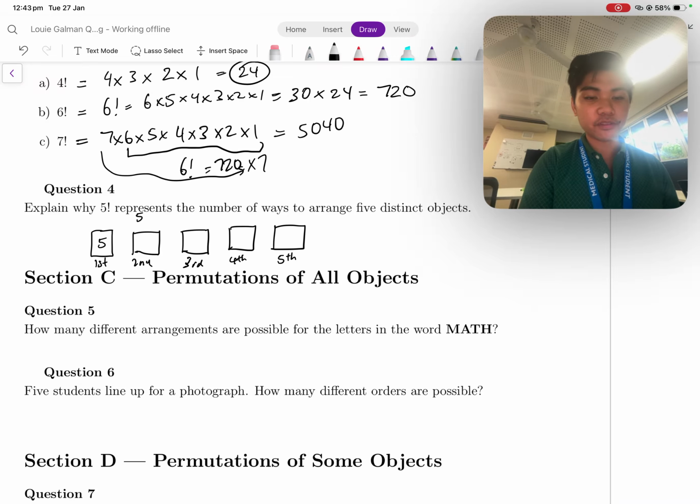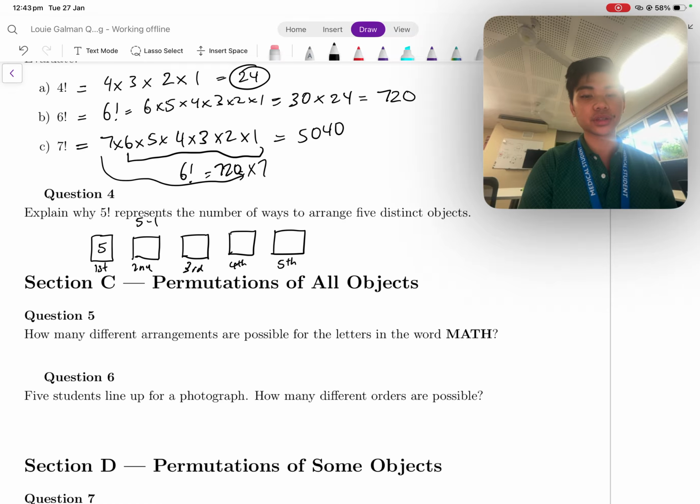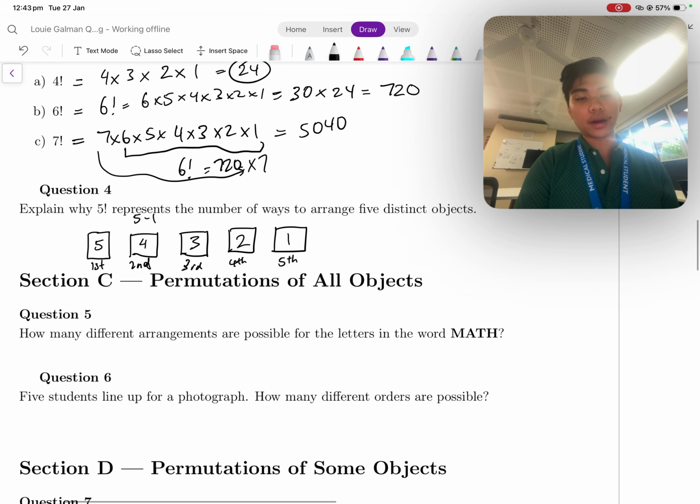I have 5 minus 1, so 4 objects to choose from to put in my second box. And we keep going. Once we use the first and second box, we have 3 objects left, and then 2 and then 1. And remember from the previous lessons.